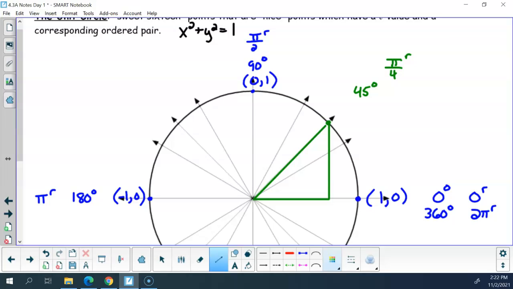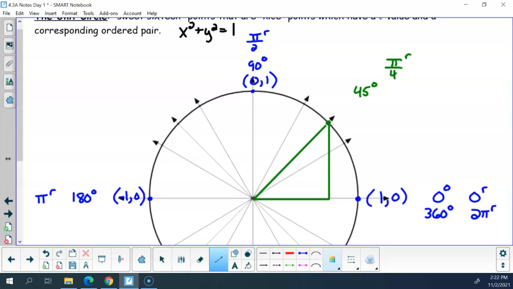A right triangle. A what? A 45, 45, 90. What's the hypotenuse of my 45, 45, 90? 1, right? Because my unit circle has a radius of 1.